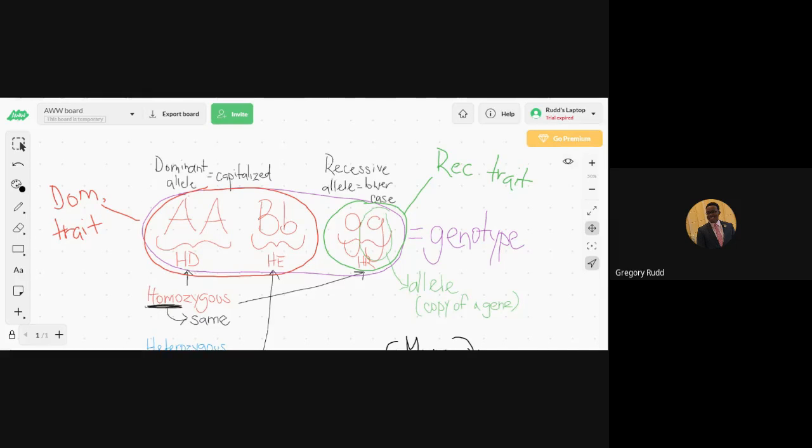In our case, the dominant trait is green leaves. The recessive trait is yellow leaves. So the only way that I can get the recessive trait is if I have a genotype that is homozygous recessive. So genotype and phenotype are 2 sides of the same coin. They describe the same thing in different ways.